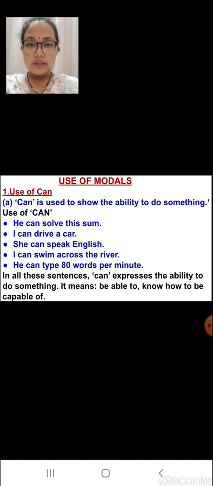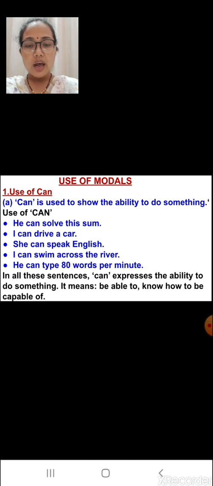Now let us see the use of modals. The first one is here, can. Can is used to show the ability to do something. For example, number 1, he can solve this sum. Number 2, I can drive a car. Number 3, she can speak English.